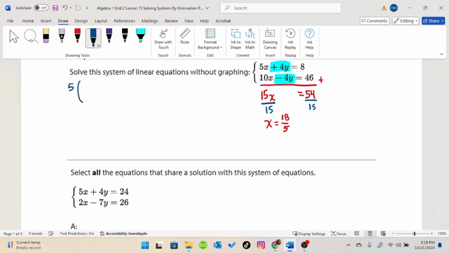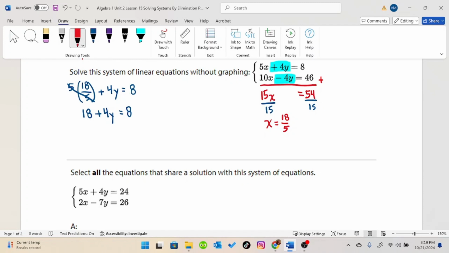So I have 5 times 18 over 5 plus 4y equals 8. Now the 5's will cancel each other out, and this gives me 18 plus 4y equals 8.